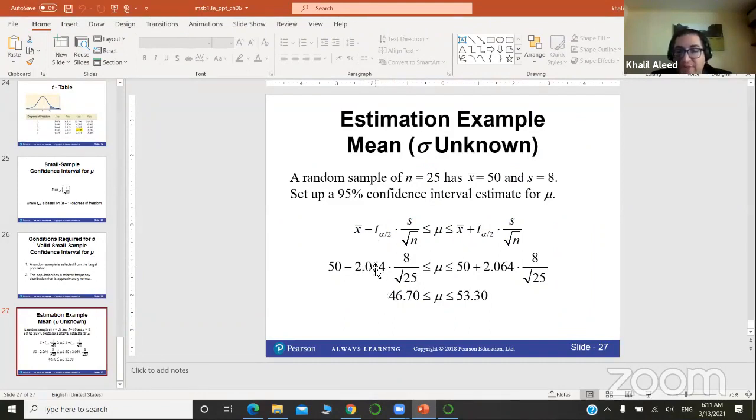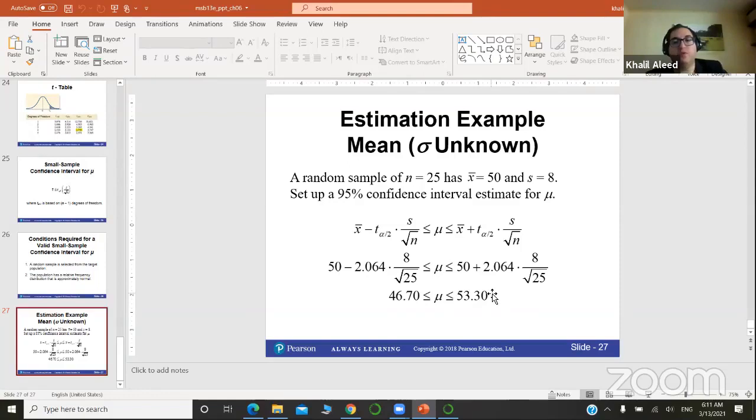Then we put the T value that we found in the table into our lovely equation here to calculate the lower level and the upper level. And my final statement will be that the mean of the population is between 46.7 and 53.3.